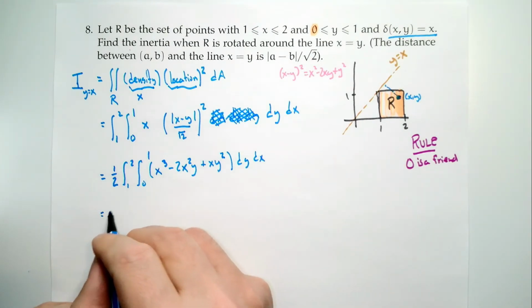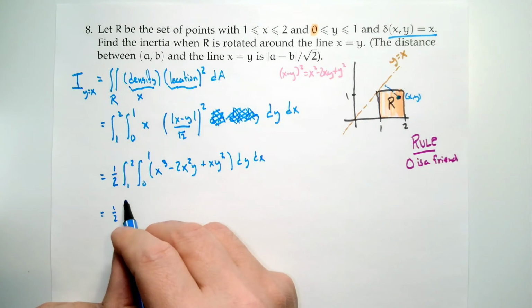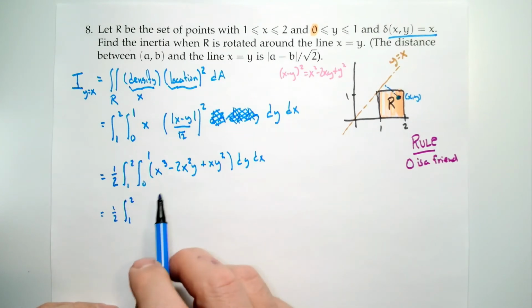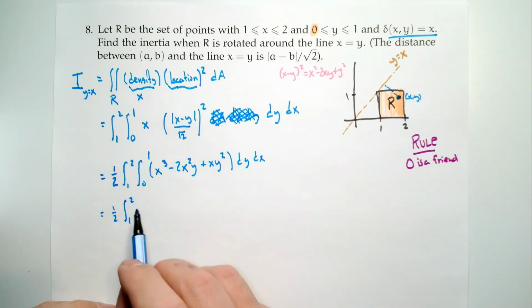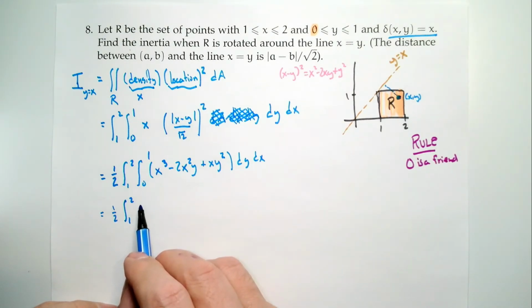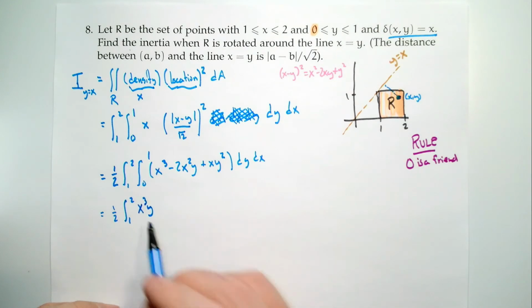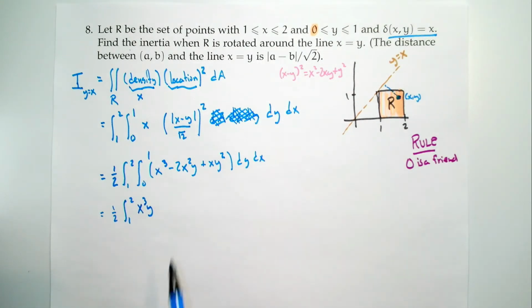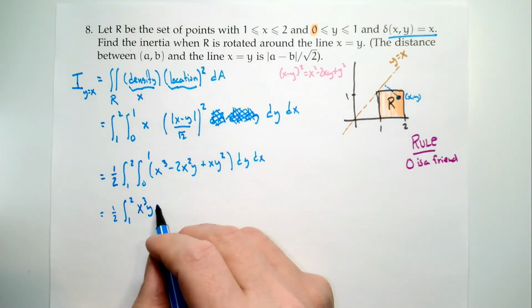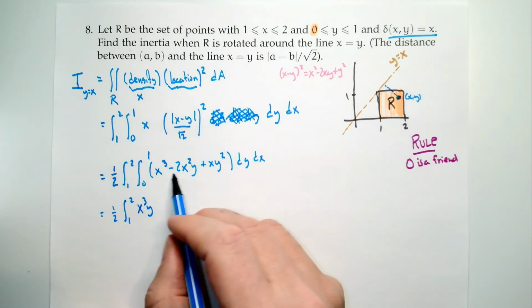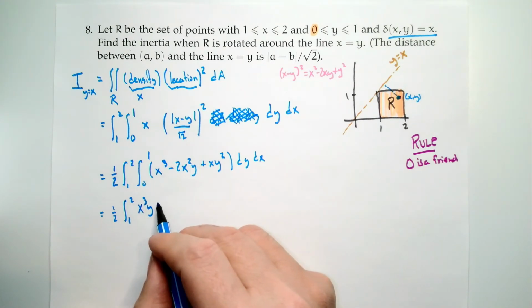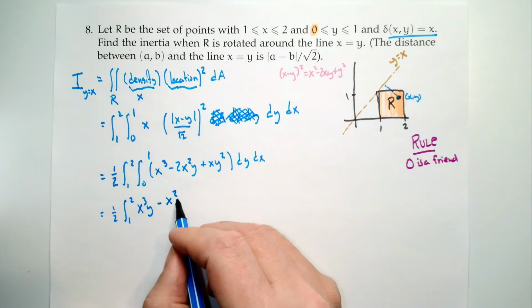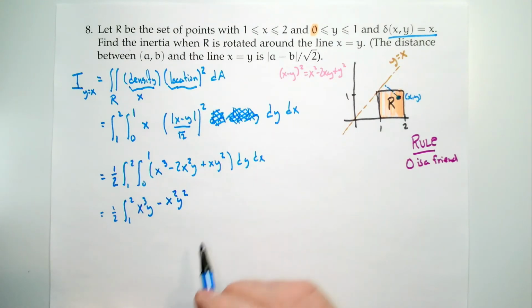So, we have a half, integral 1 to 2. Integrate this with respect to y. Integral of x cubed with respect to y is x cubed y, because x cubed is acting like our constant. Minus 2x squared y, well, minus 2x squared is a constant. Integral of y would be y squared over 2. So we can actually cancel off the 2, so it's x squared y squared.